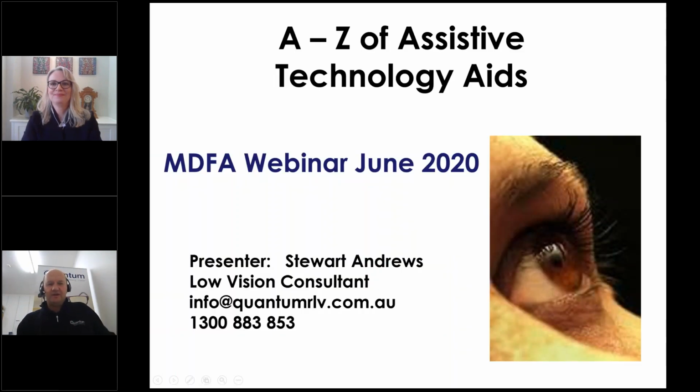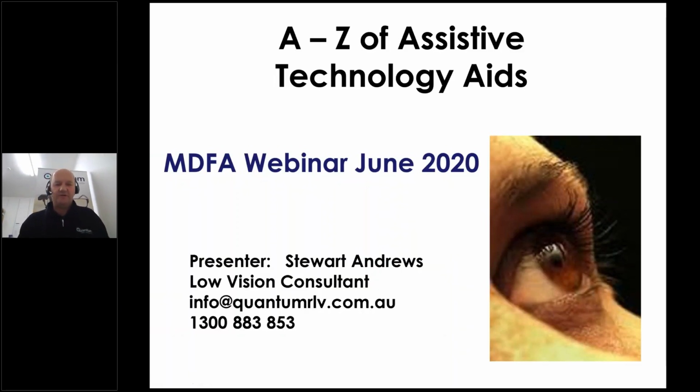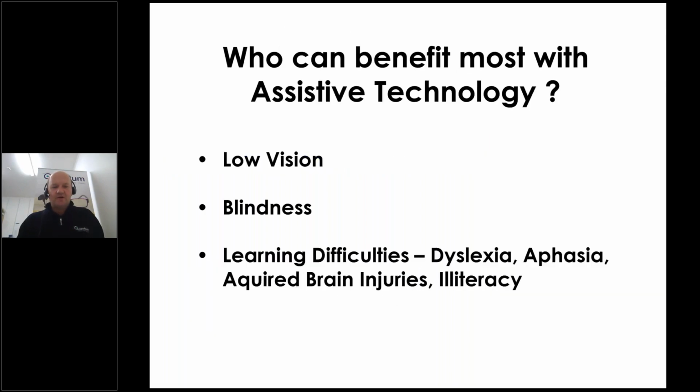Thanks, Sabine, and thank you to MDF for inviting me to present today and to go over the A to Z of assistive technology aids. So I suppose probably the first thing that comes into it is really who can benefit the most from assistive technology.